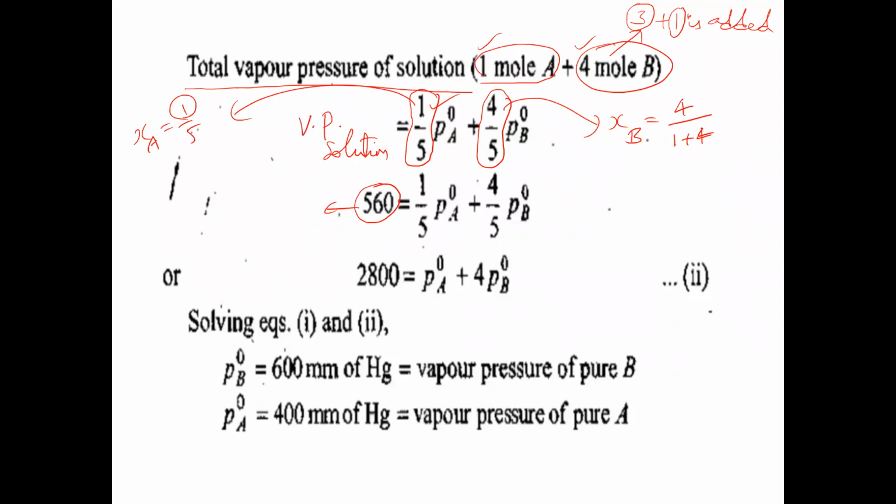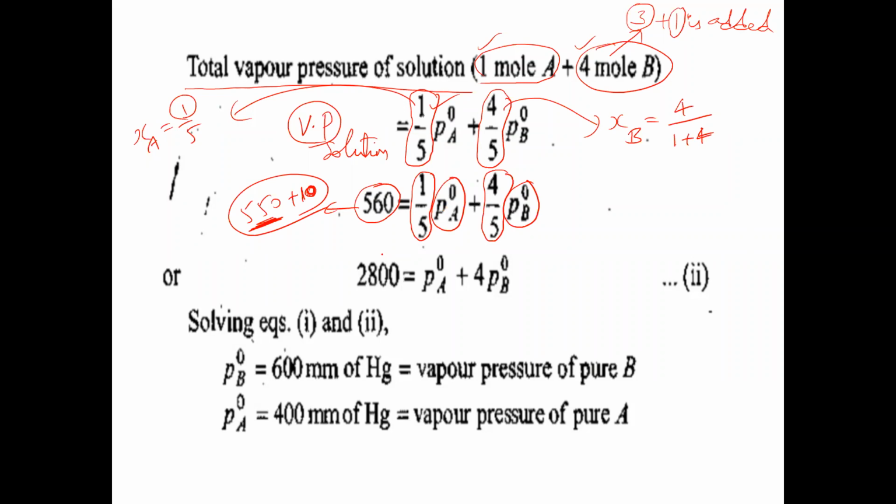So in the second case, what is the vapor pressure of solution given? 550 initially, plus a 10 mm increase. The 10 mm increase happened by adding 1 mole of B extra. So 550 plus 10, we take 560. 560 is equal to mole fraction of A into vapor pressure of pure A plus mole fraction of B into vapor pressure of pure liquid B, PB naught.